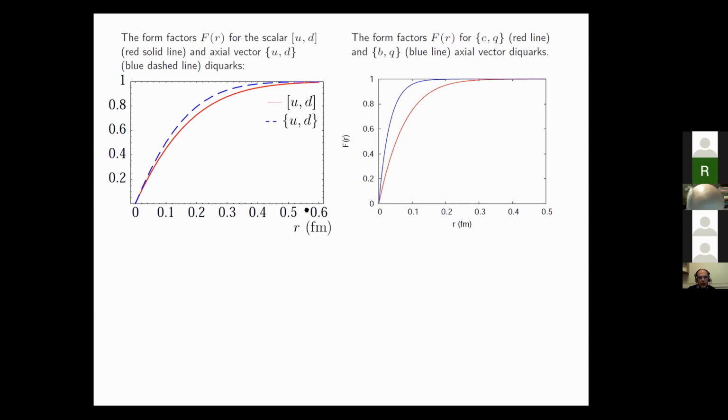When we are far away from the diquark, say at distances larger than 1/2 of a Fermi, we cannot resolve its structure. So it looks like a point-like particle, and we have the form factor which is equal to 1. When we approach the diquark, we start to resolve more and more of its structure. And when we are in the center of mass of the diquark, then this interaction vanishes.